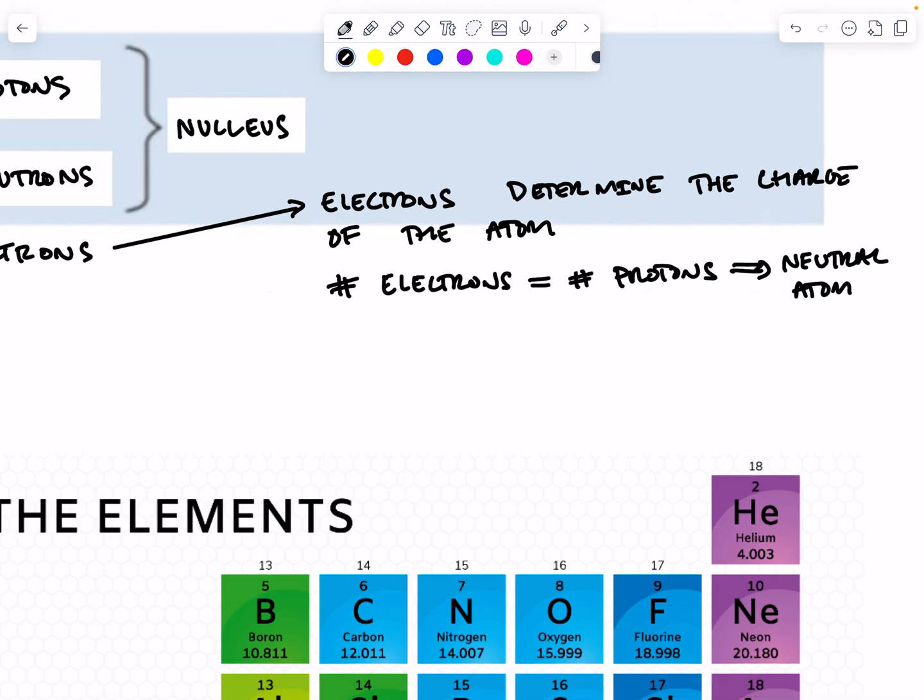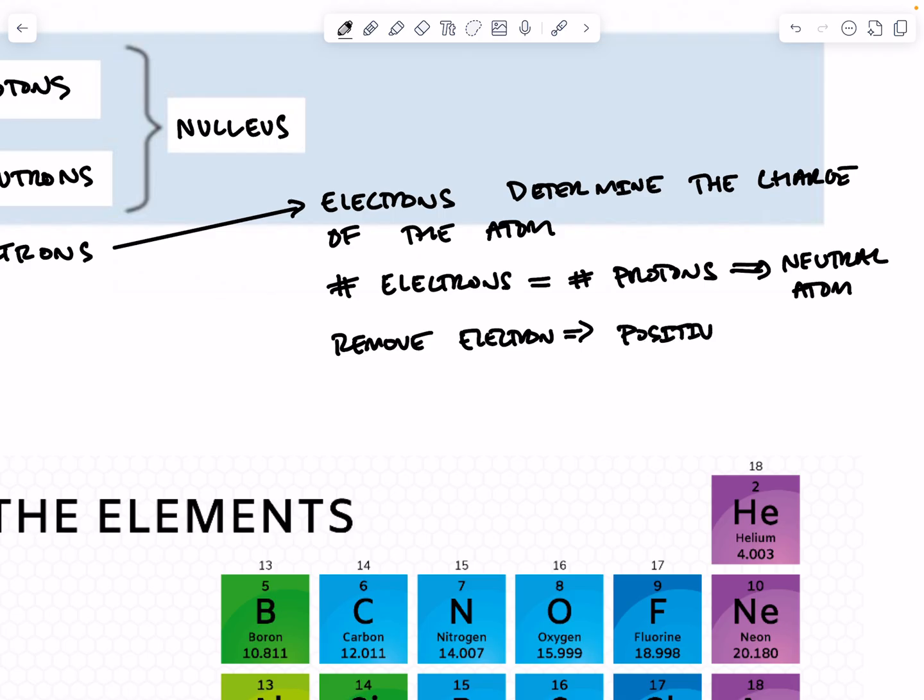If you remove an electron, you create a positive ion. This means an ion is a charged atom, and if you take away one negative charge, you're left with an overall positive charge on the atom.